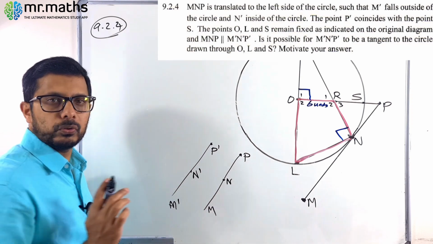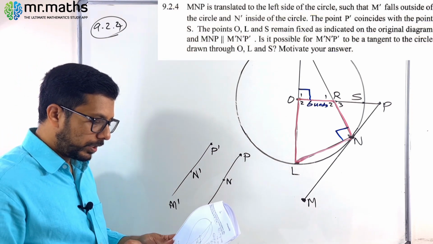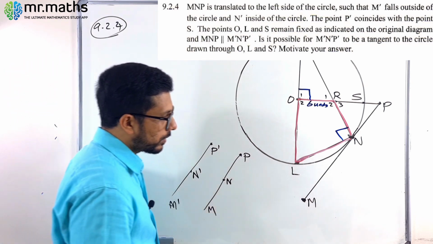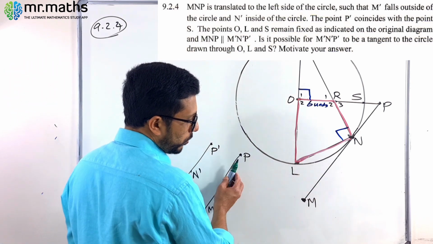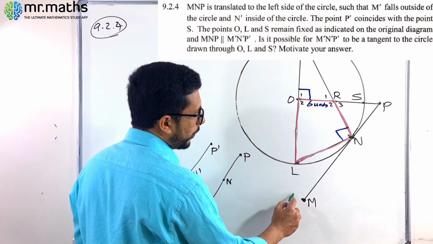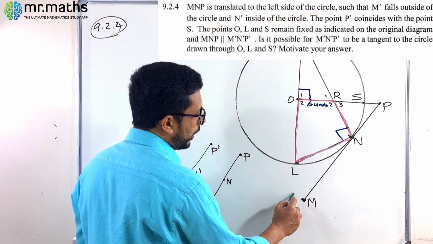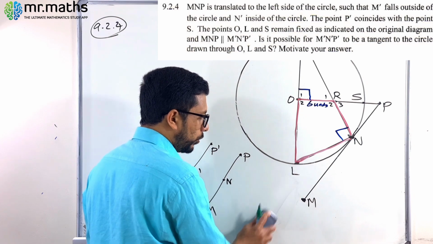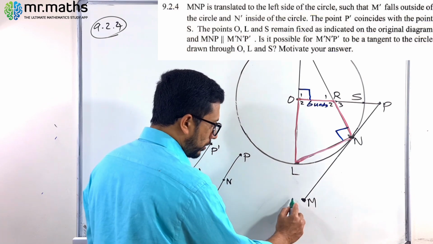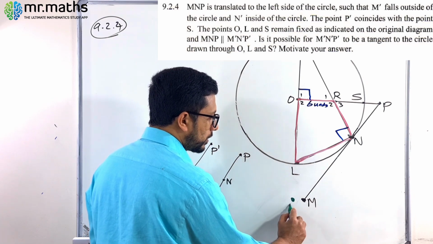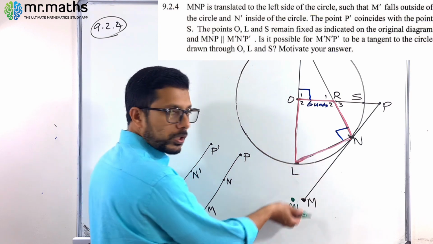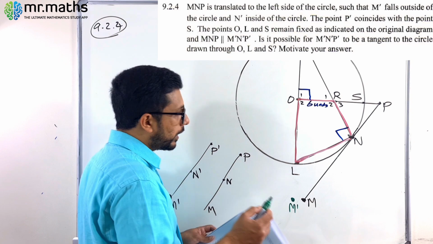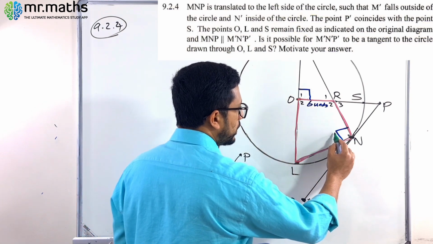Now look at that first condition, such that M dash falls outside of the circle. When this M dash moves to this side, it comes somewhere here, on the left side. It is not moving up. Let me write next to that one, this is M dash. Now we can see it falls outside the circle. Then N dash is inside the circle.